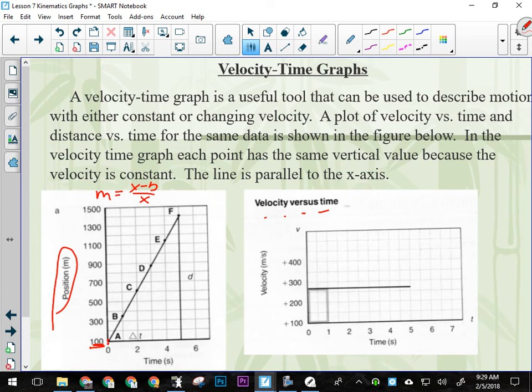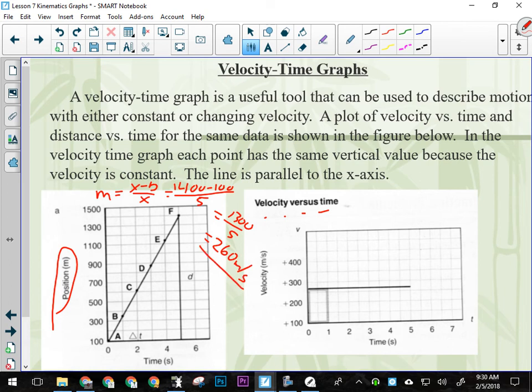So b is going to be 100 because that's where the line touches the y-axis, and I'm just going to use this point up here to get y and make it 1400. So I'm going to go 1400 minus 100, so there's y minus b, and x would be 5 seconds. So we've got 1300 divided by 5, which should be 260 meters per second.